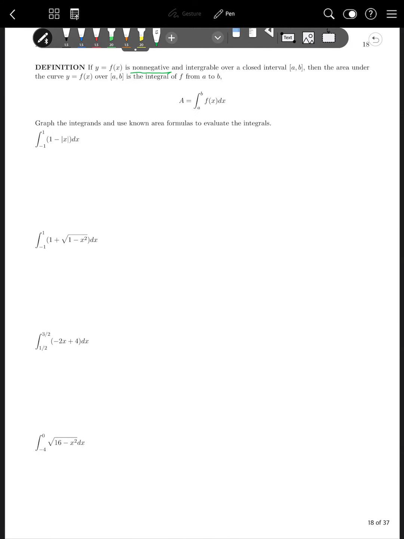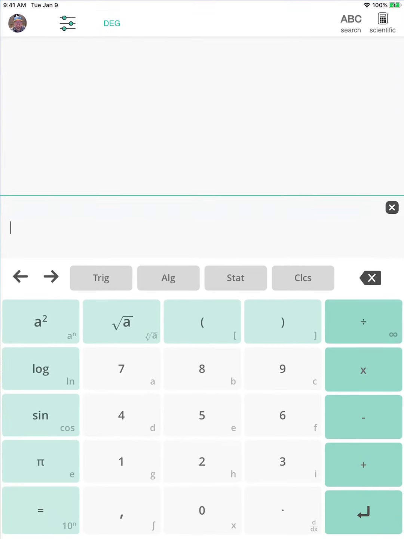Okay, so let's see. It says graph the integrands and use the known area formulas to evaluate these integrals. So one option we have here is to do this with sums and differences, but we can also, with some of these graphs, use areas we know. So like, for example, if I graph this first one, let's go to our graphing calculator here.